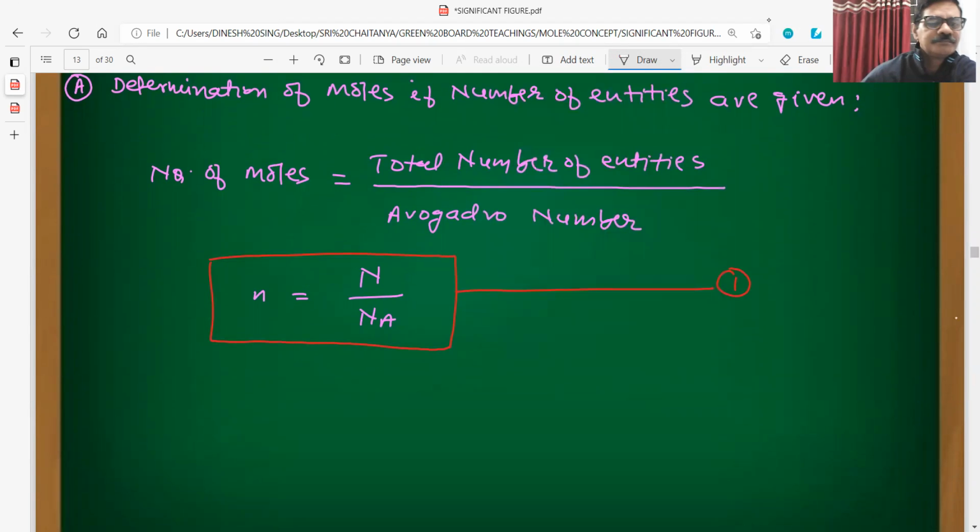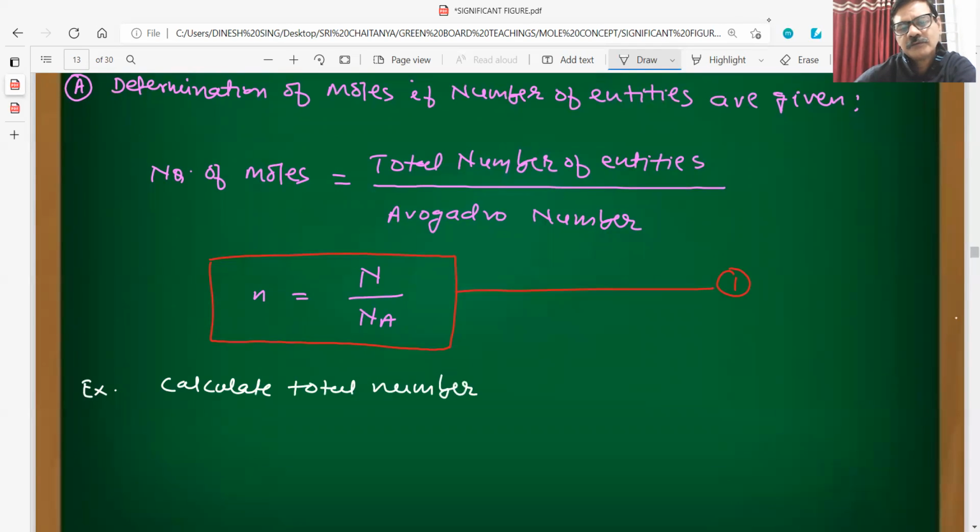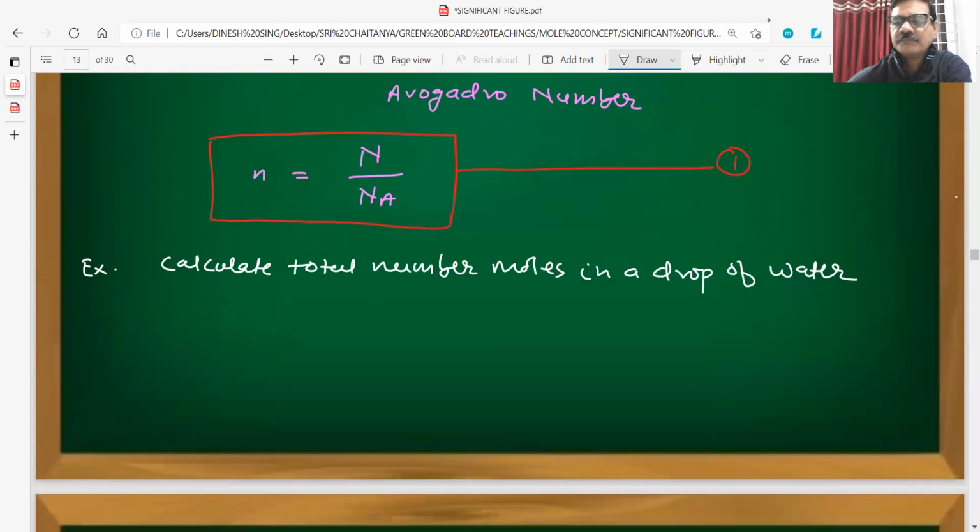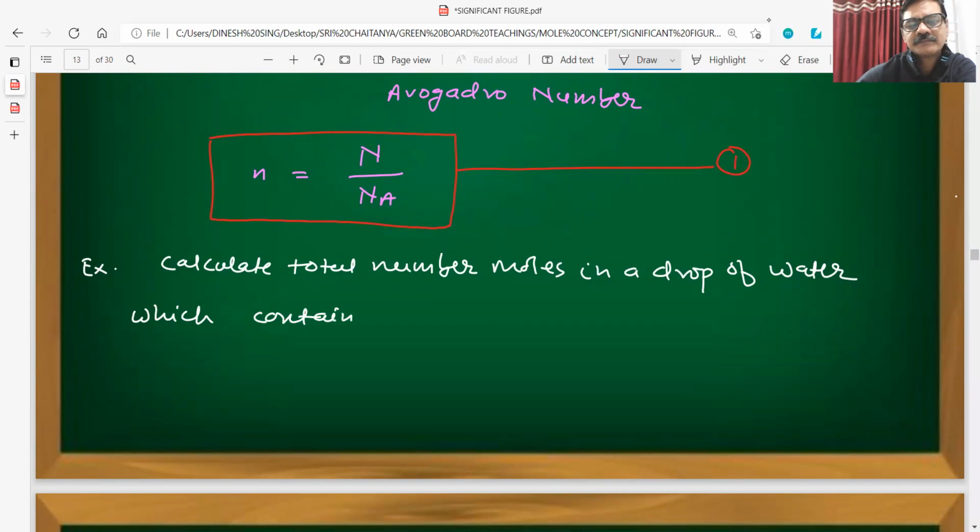So for example, we can consider: calculate the total number of moles in a drop of water which contains 3 into 10 power 23 molecules of H2O.